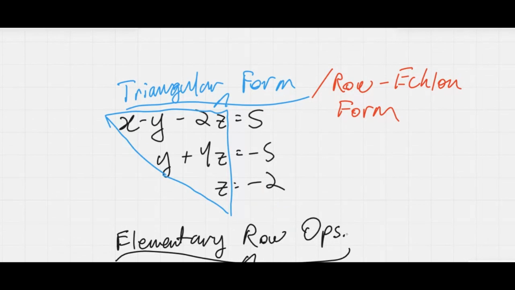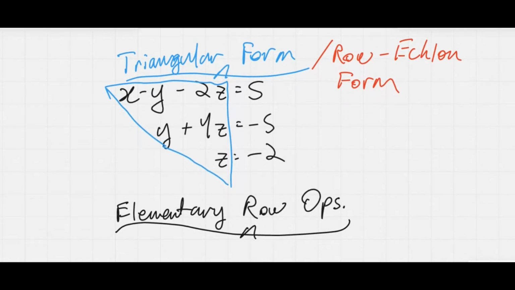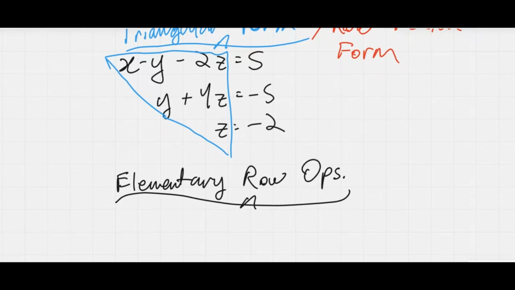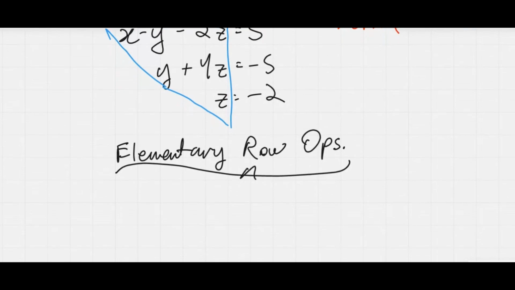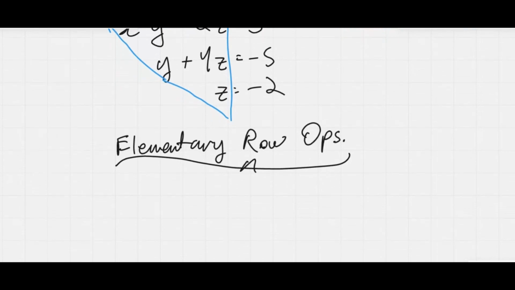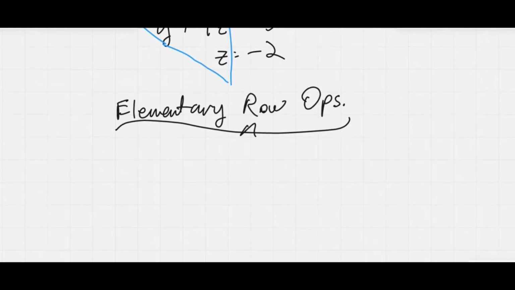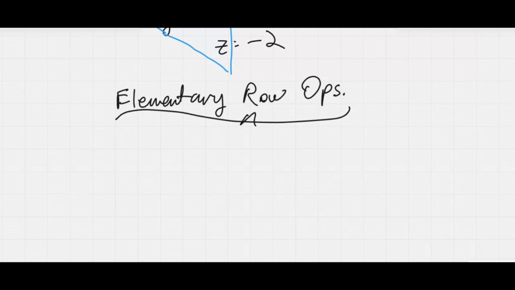What this does for us is that it allows us to manipulate systems of equations that previously have different variables and different equations, and put them into row echelon form, making it much easier to solve. And so those operations, I'm going to write them down here. There are three main ones.